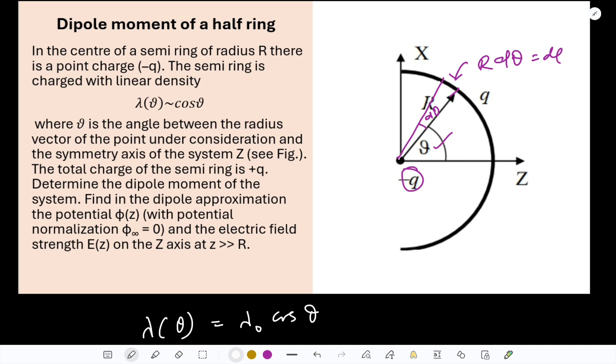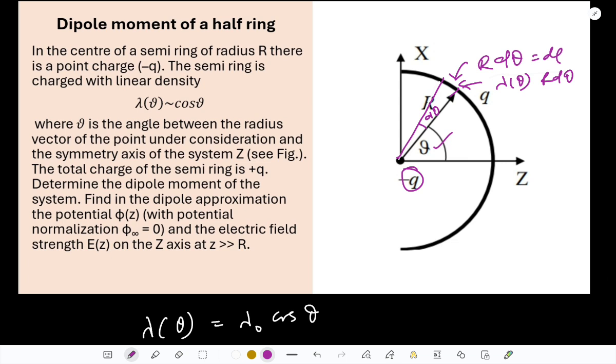So let us select on the semi-ring a small section of length r d theta, with charge lambda theta r d theta.